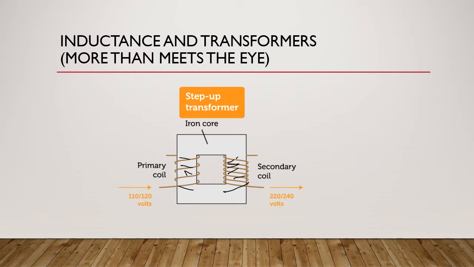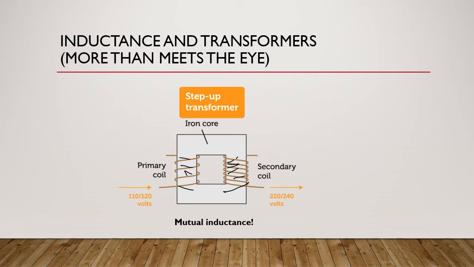It does something similar, although it also has a rectifier to help turn it into direct current as well. It's going to use sets of coils in ratios that take it from 120 volts in the wall to 5 volts, which plays nice with your USB cables. Or I think it's 18 volts that plays nice with your Xbox. I can't remember exactly, but in any case, it's going to change them that way. That's a step-down transformer.